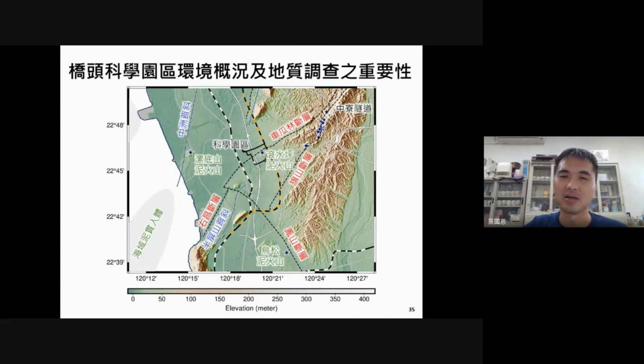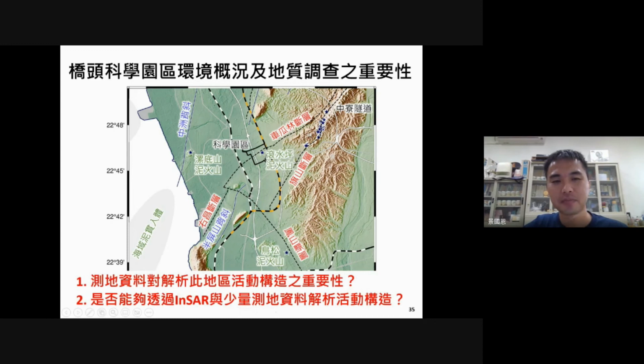I just know the English name is Lucy mud volcano in East Java, just south of Surabaya. In southwestern Taiwan, we also have a lot of mud volcanoes, and one of them is just inside the science park.